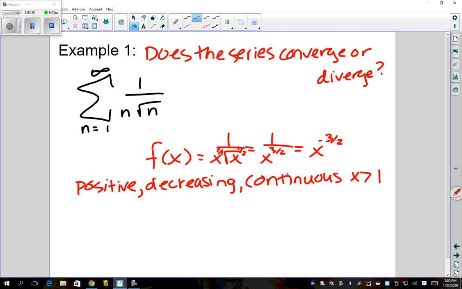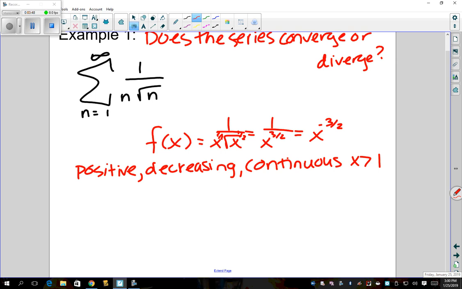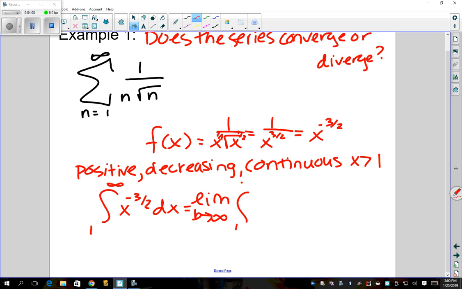So let's first set up our integral. The integral from 1 to infinity of, I'm going to keep this as a negative exponent so it'll be easier to integrate, x to the negative 3/2 dx. I need to rewrite this as the limit as b approaches infinity of the integral from 1 to b of x to the negative 3/2 dx.